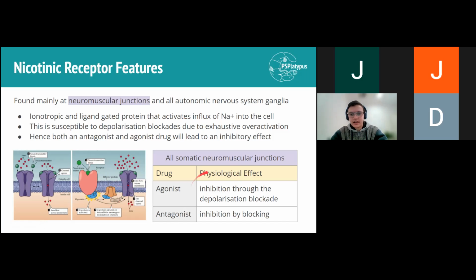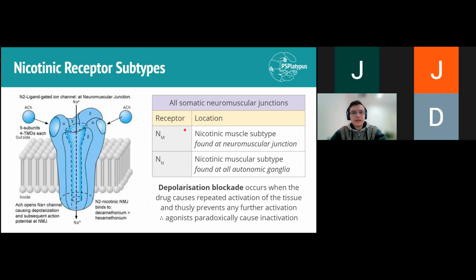So here's just that idea for you at the bottom. Now, again, you think about subclasses, it's a little bit simpler than metabotropic because we've only got two subclasses, and it's basically what we've discussed. The NM subtype is the one at the muscular, so NM for muscular. They're both nicotinic subtypes. This one's muscular, found at the neuromuscular junction.